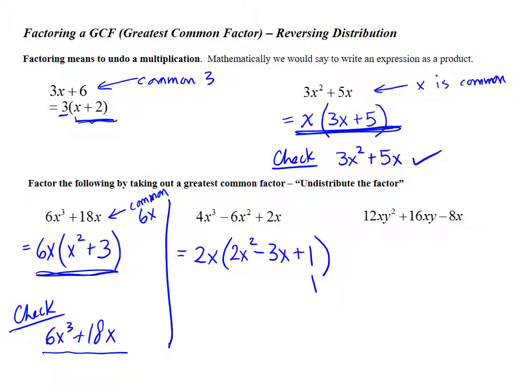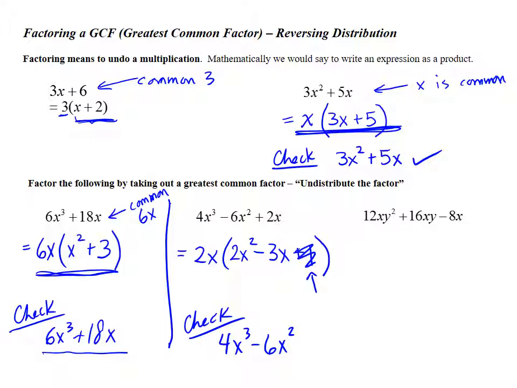It's a very common mistake to leave off that plus 1, but you can always catch it if you do leave it off by doing the check. Because say you left off that positive 1 there. If I go to check this, if I had multiplied the 2x through, 4x cubed minus 6x squared, and then if I didn't have anything else to multiply, I wouldn't get back to where I started.